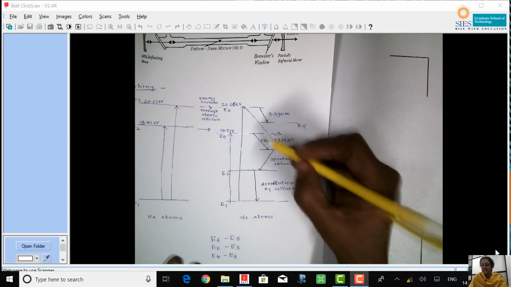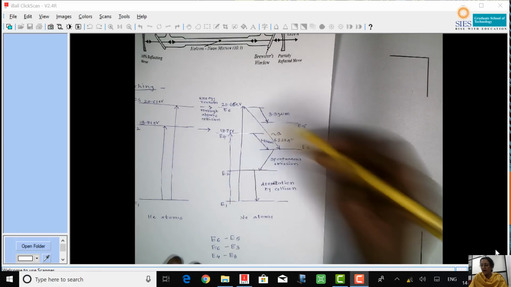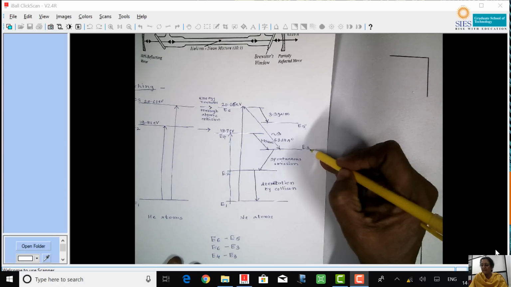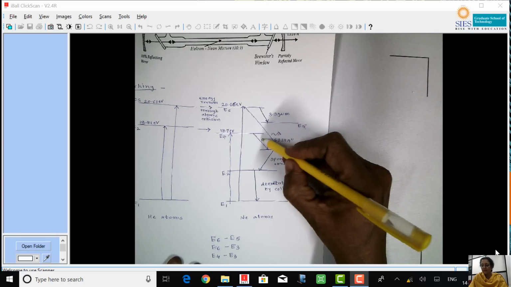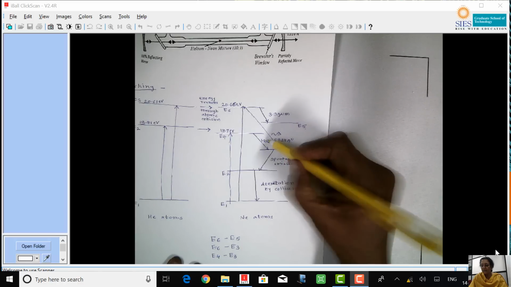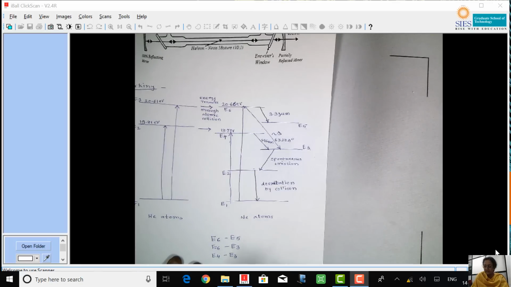There is one more transition taking place between metastable state E4 and energy level E3, which generates a light of wavelength 1.15 micrometer. So actually speaking, this laser light generates three wavelengths. One is during the transition E6 to E5, which is 3.39 micrometer.